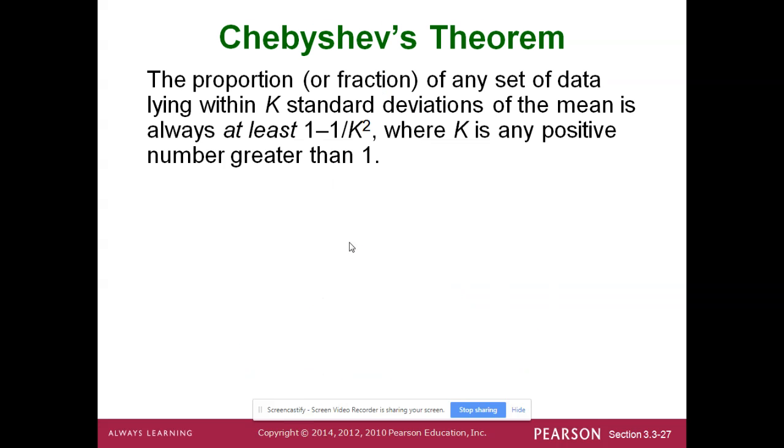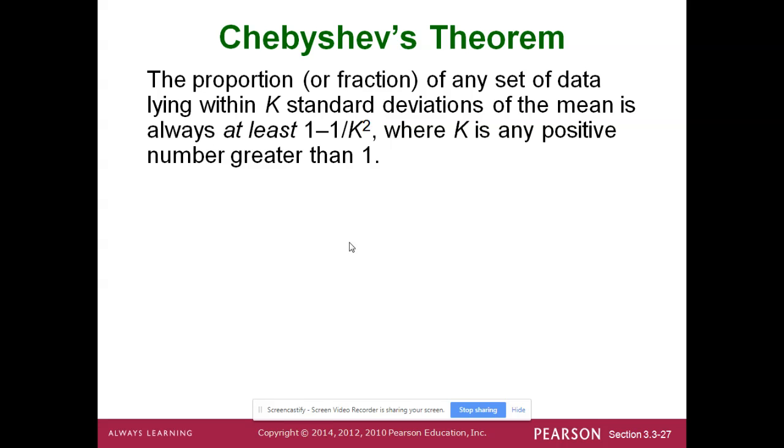Now here's Chebyshev. That's how you say that. Chebyshev, his theorem. The proportion of any set of data lying within k number of standard deviations of the mean is always at least 1 minus 1 divided by k squared, where k is a positive number greater than 1.